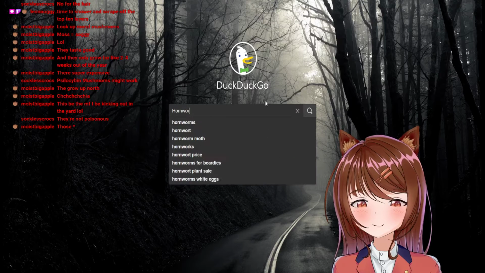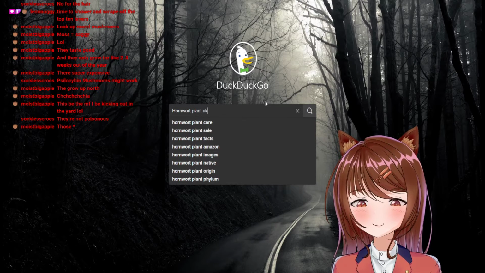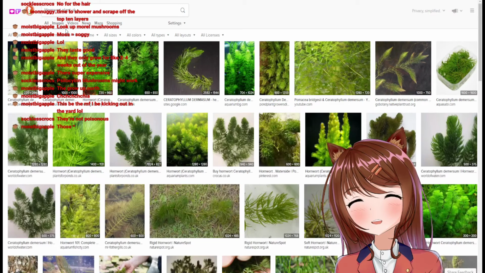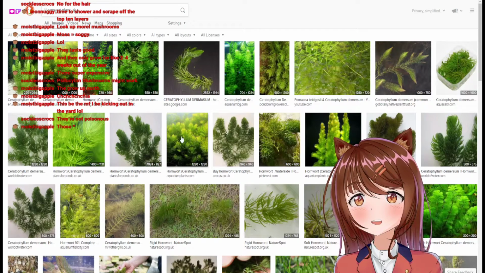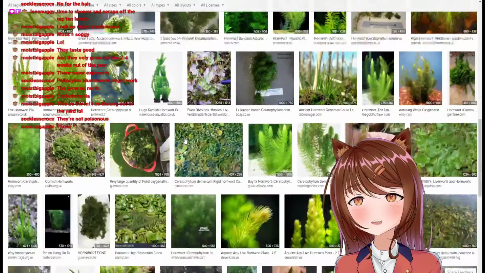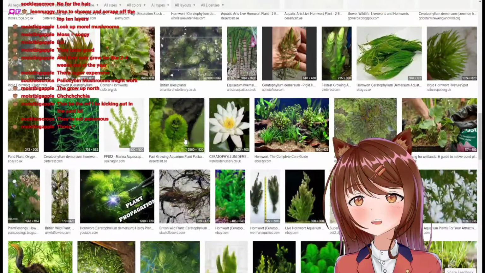Let's see. Hornwort plant. Yeah, UK. Oh, they're the water plants. This is like the stuff you put in your ponds and aquariums. Oh, so they need a lot of water. Water-centric plants. Okay.